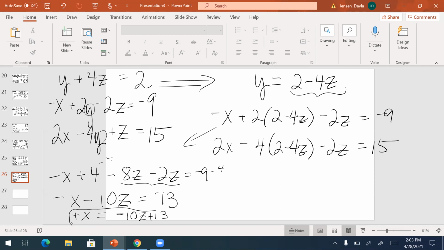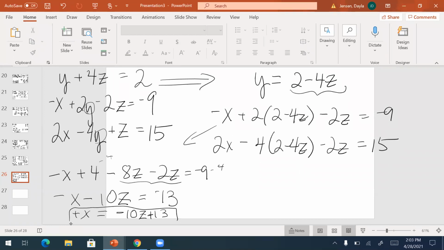Now, there's x in terms of z. So what I could do is go back to this one and substitute in for x. That way, the only variable in that whole equation is z.